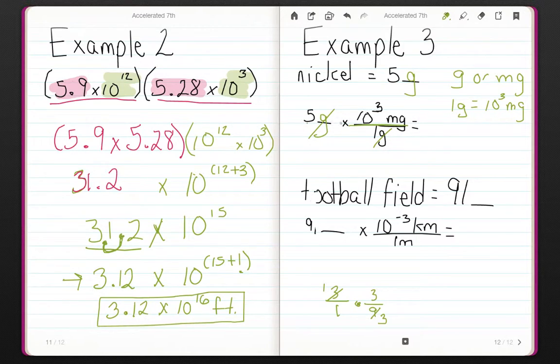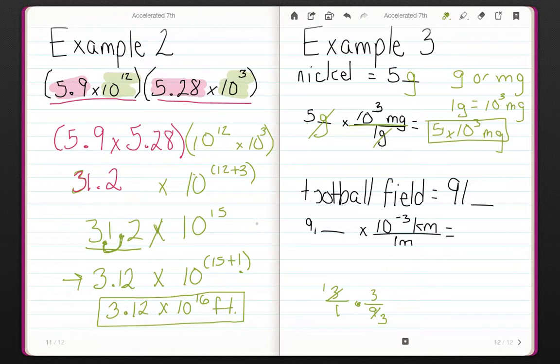So I now have 5 times 10 to the 3rd milligrams. So I've just converted: the mass of a nickel is 5 grams, or 5 times 10 to the 3rd milligrams.